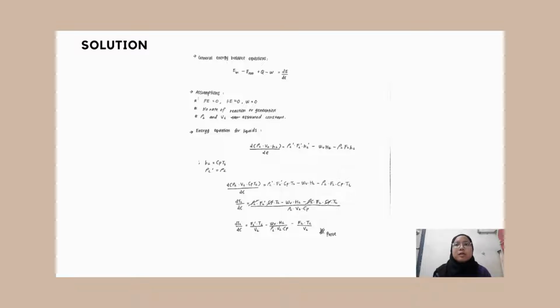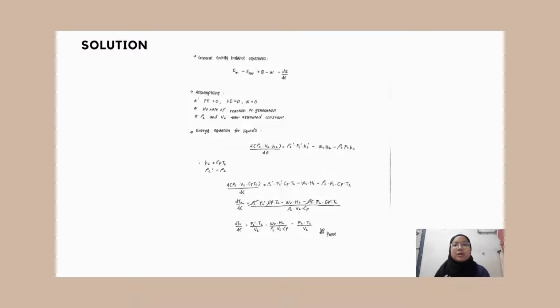So from there we can substitute both of the equations into equation 1, and then we get rho L prime times FL prime CP TL, minus WV HL, and minus rho L FL CP TL.